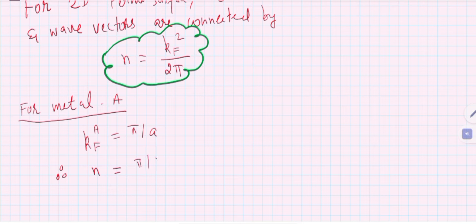That means pi by A the whole square by 2 pi.